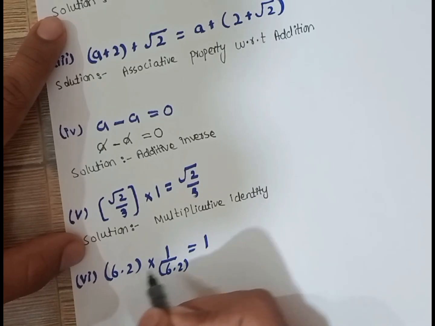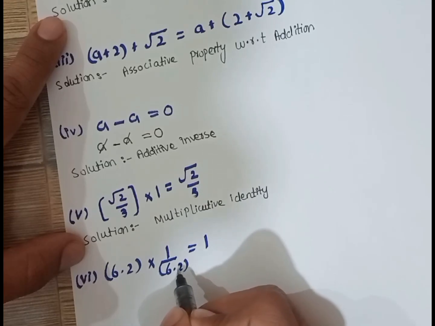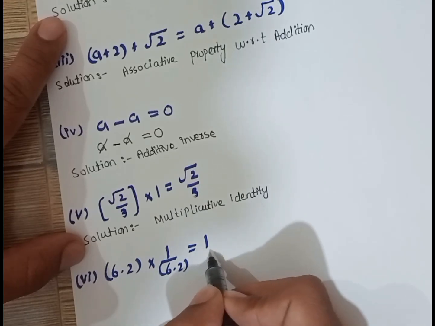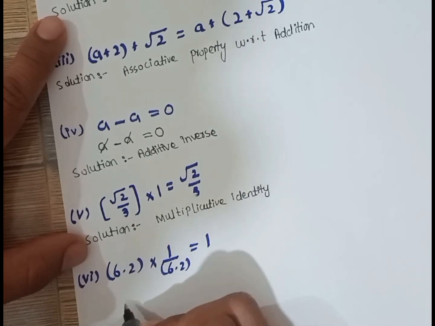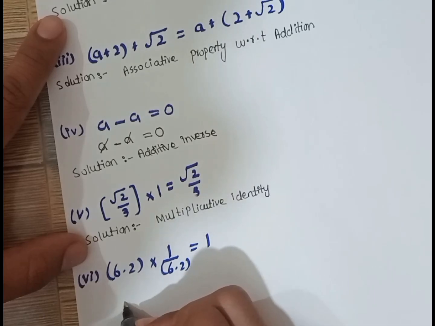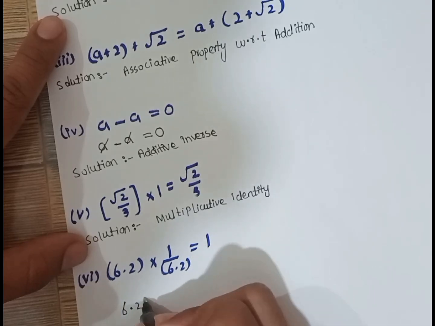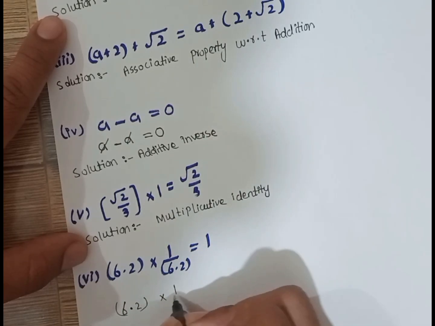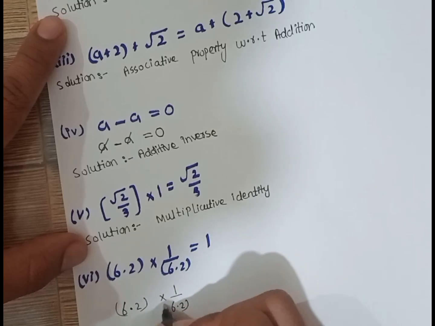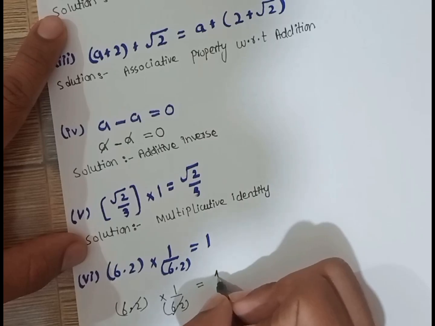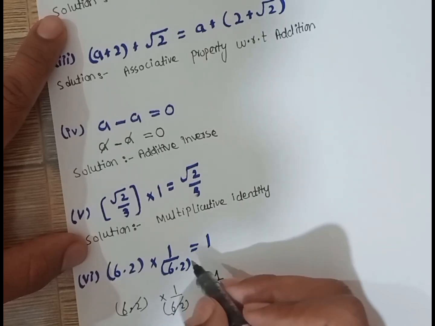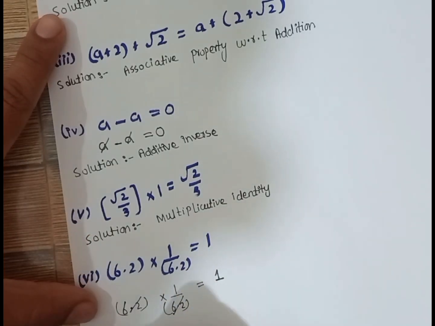So 6.2 times 1 over 6.2 is equal to 1, and 1 is my multiplicative identity. By cancelling both numbers, my result will be 1, which means this will be my multiplicative inverse.